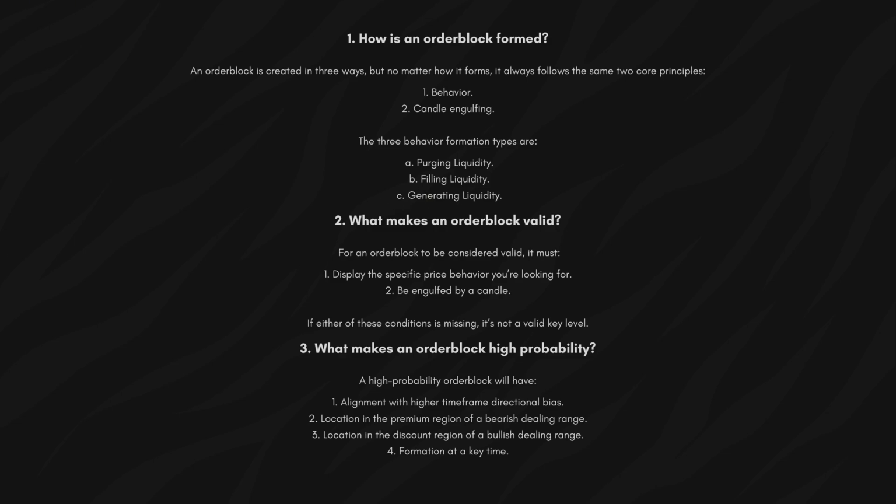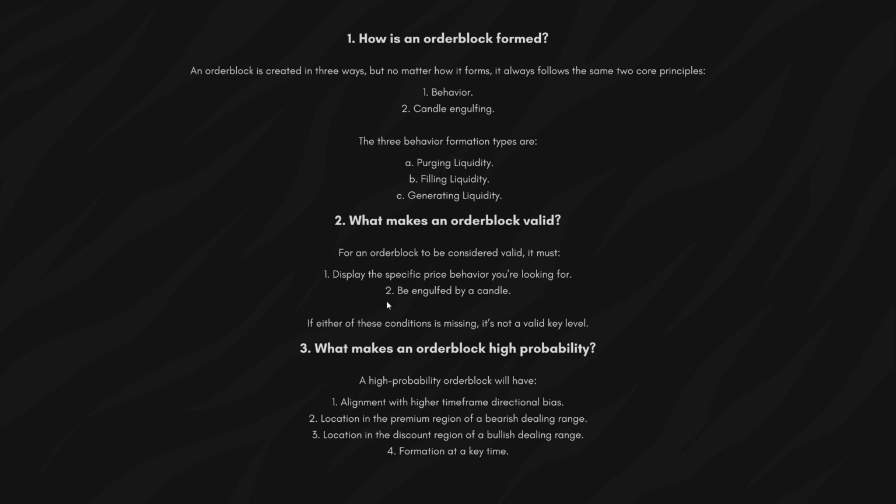These are the foundations. Okay, now let's talk about the second question, which is what makes an order block valid? Now, this question is also pretty simple and it can be answered through what we just discussed. For an order block to be considered valid, it must first of all display the specific price behavior that we are looking for, which is one of these three behaviors.